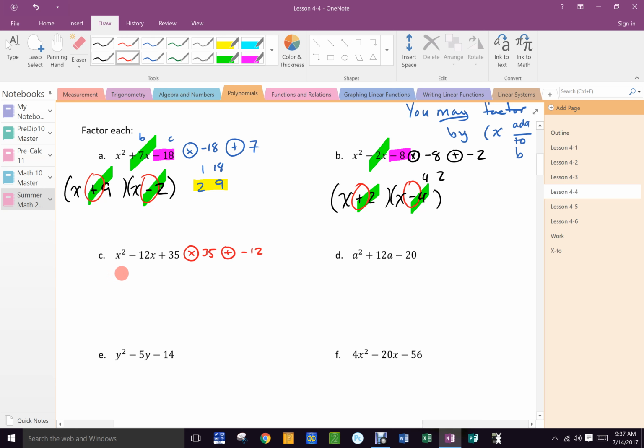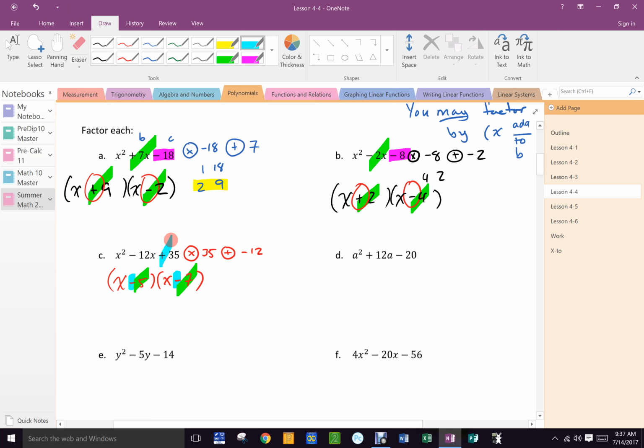Now wait a second. They have to be negatives, don't they? Because x minus 5, x minus 7, negative 5 and negative 7 gets me negative 12. That makes me happy. And what do you notice about negative, negative? That will get me my positive right there.